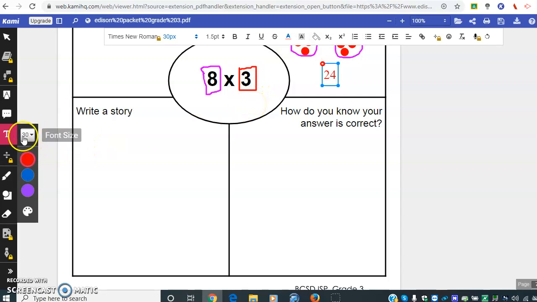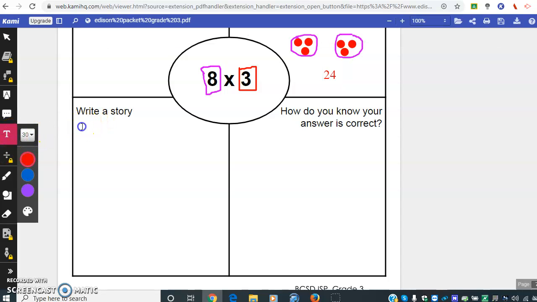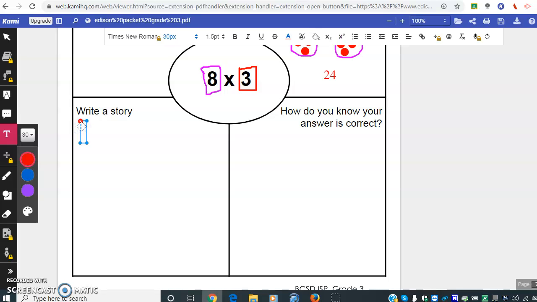So if I write my story, and you guys know that I like to start with a person, I'll start with Megan. I'll say that Megan has 8. Now that 8 is my container. It's a container like bags or boxes or packages. I'm going to say that she's got 8 packages of pens.